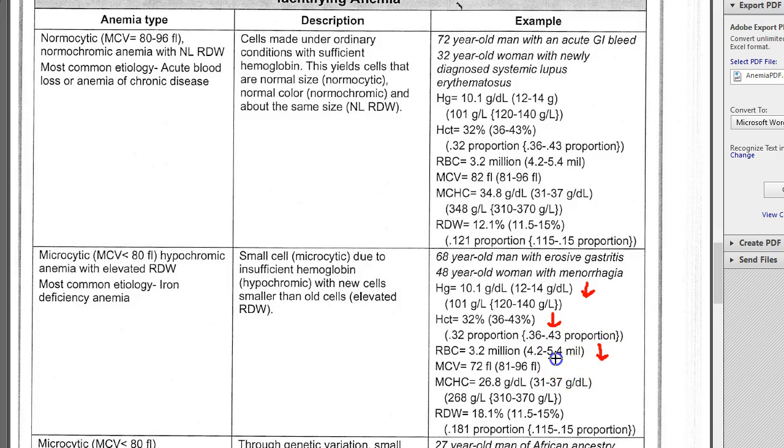Your MCV, your mean corpuscular volume, is going to be decreased. They're pale, we talked about color, so it's a hypochromic anemia, so that'll be decreased. RDWs are always going to be elevated. So everything's going to be down in the setting of a microcytic hypochromic anemia, except for your RDWs. Those will be elevated.